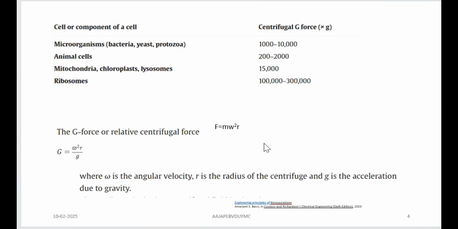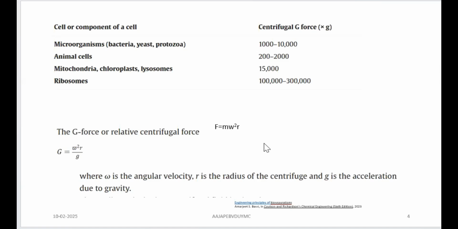So as the distance of the particle from the central axis increases, the force acting upon the particle also increases. So the force on a sedimenting particle increases with the velocity of rotation, and also with the distance of the particle from the axis of rotation, which we denote with the letter R.